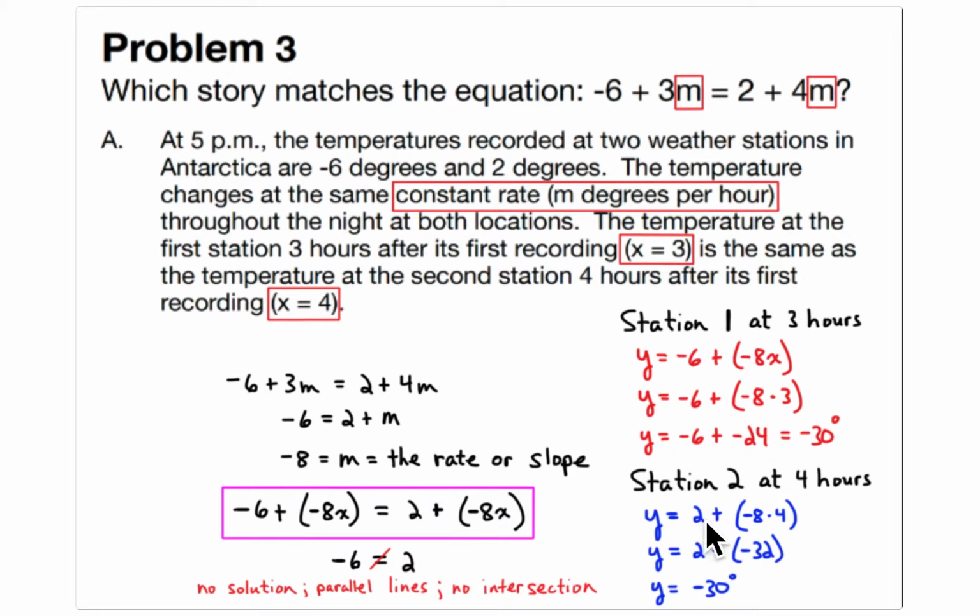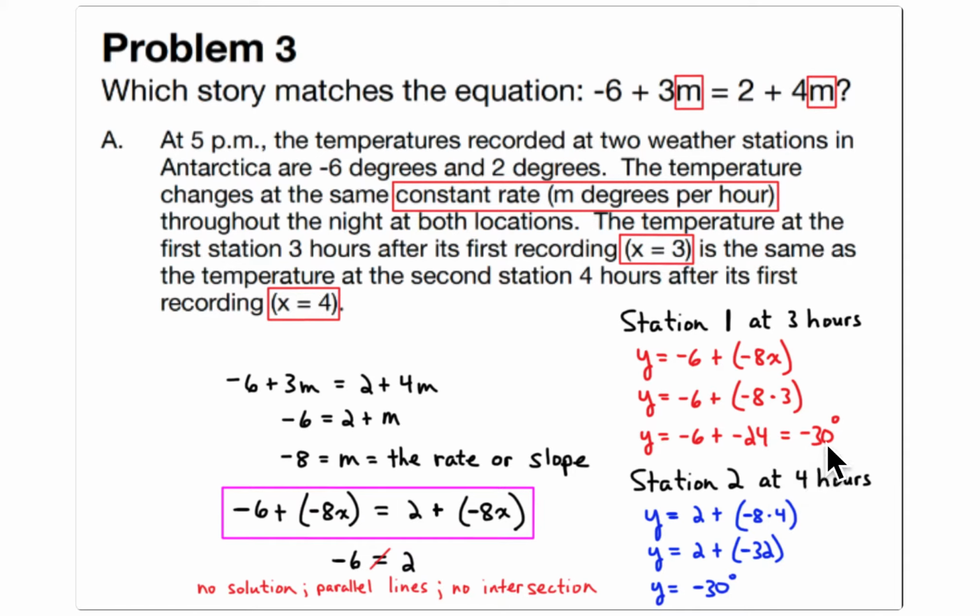And so this has to go farther to get to -30 degrees. This is starting out at -6 degrees, so this doesn't have to go as far. And notice that the difference between that -6 and 2 is that 8 degrees. This station has to go 1 hour further because it has 8 more degrees to catch up to station number 1 to get to -30.